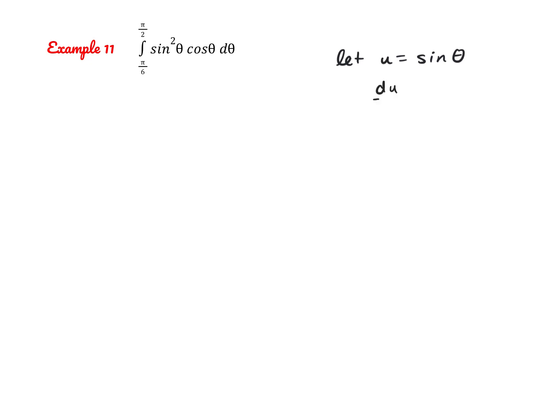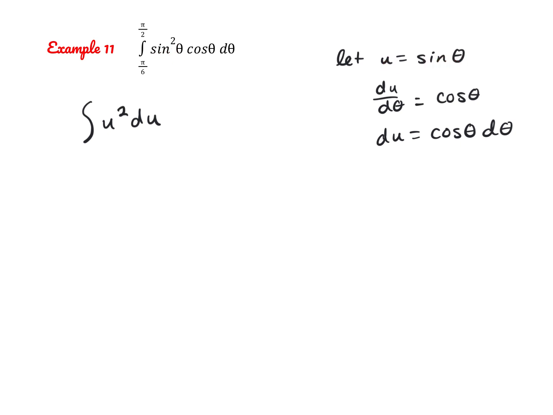So we know that du/d theta equals cosine of theta, so du equals cosine of theta d theta. So we have everything for our substitution except for adjusting our upper and lower bounds, which we'll do in just a second. So again, this becomes u squared du. Remember, we defined u as just sine of theta.